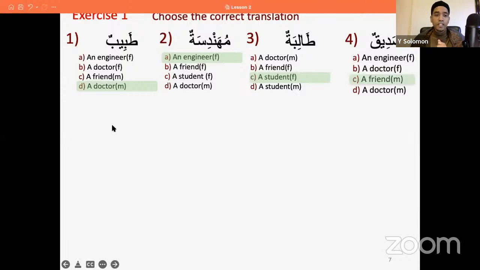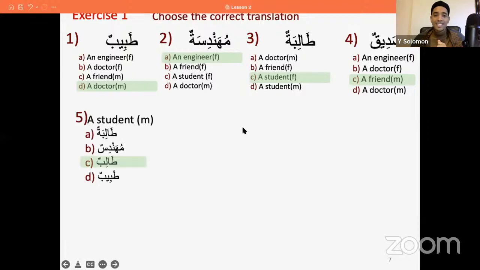It's a male friend, that's correct. Quite unanimous. Right. How about a student? I got the answer out by mistake, and I'm sure most of you didn't see that. It's a male student. Is that talibatun, muhandisun, talibun, tabibun? That's C, that is correct.